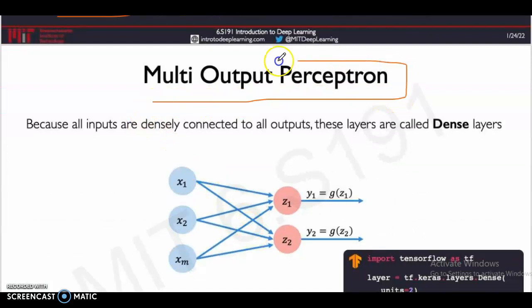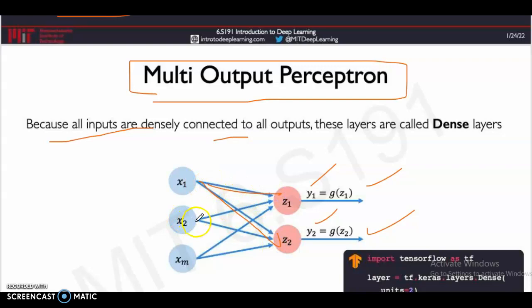Multi-output perceptron means one output, two outputs, Y1 output, Y2 output. Because all inputs are densely connected: x1, x2 connected to z1, x2 connected to z2, xm connected to z1, xm connected to z2. This is called densely connected to all outputs.